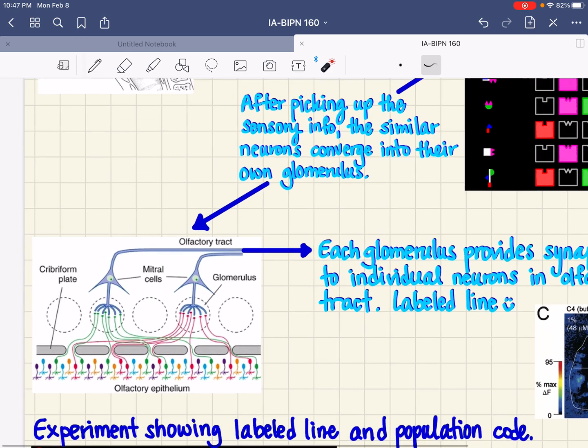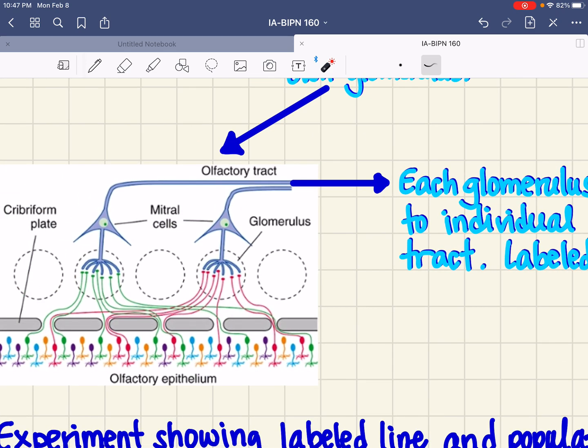If I zoom in over here, let's only look at the red ones. Each type of olfactory neuron, all these red ones, contain the same type of receptor on them. Because they have that same receptor, they all converge to the same glomerulus, and they all stimulate the same neuron that goes into the brain.